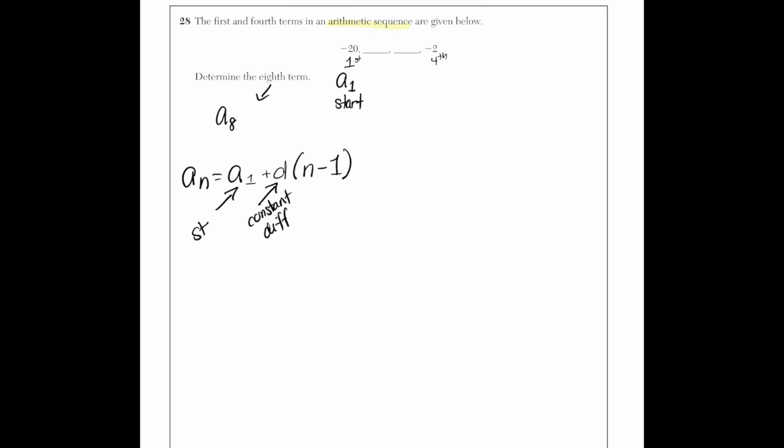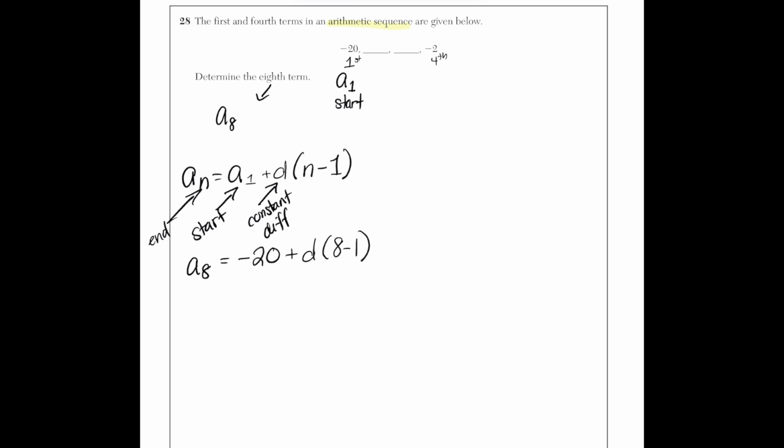I just need to know where to start and where to end. That's it. In this case, we already have some of the information. We want the eighth number. We know the first number is -20, but we don't know my constant difference yet. We want the eighth term, so we're going to do 8 minus 1. So let's figure out this constant difference.